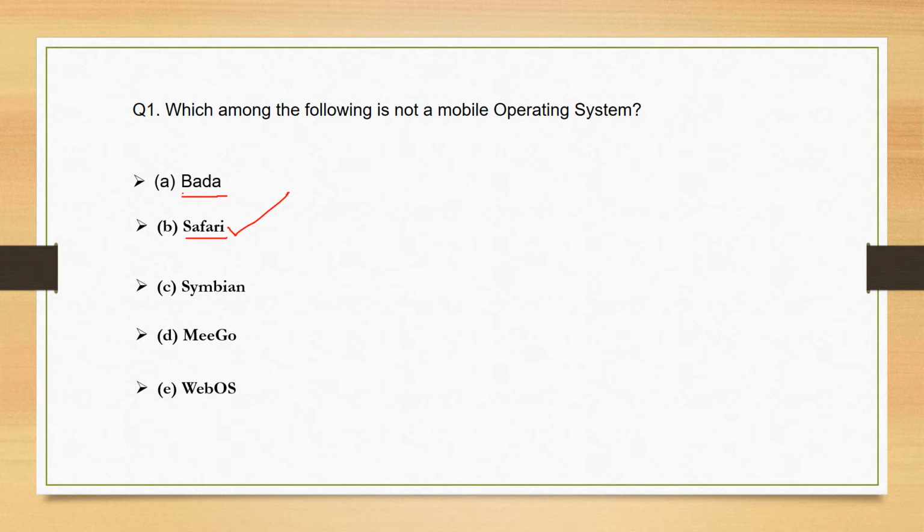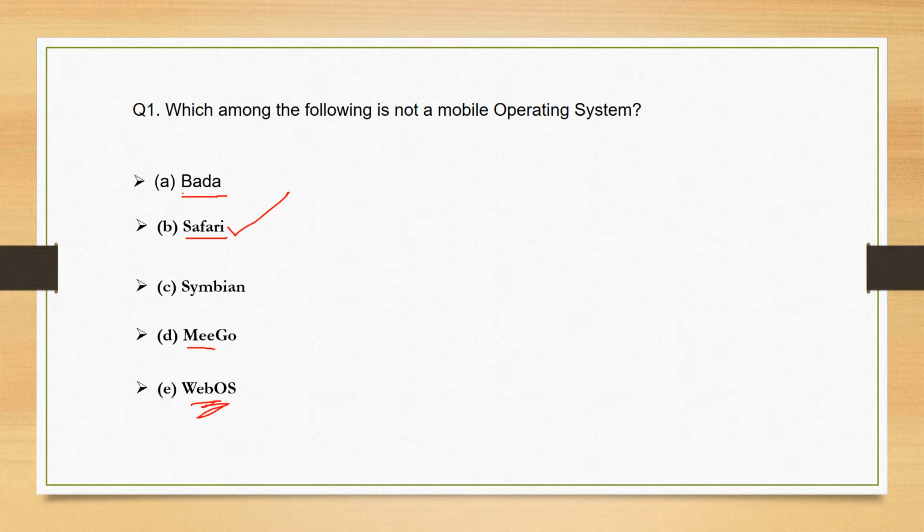Let's discuss the other options as well. The third option is Symbian. Symbian is also a mobile operating system. It was developed by Symbian Limited Company. The fourth option is Meego. Meego is also a mobile operating system and it was developed by Nokia. The last option which we have is WebOS.